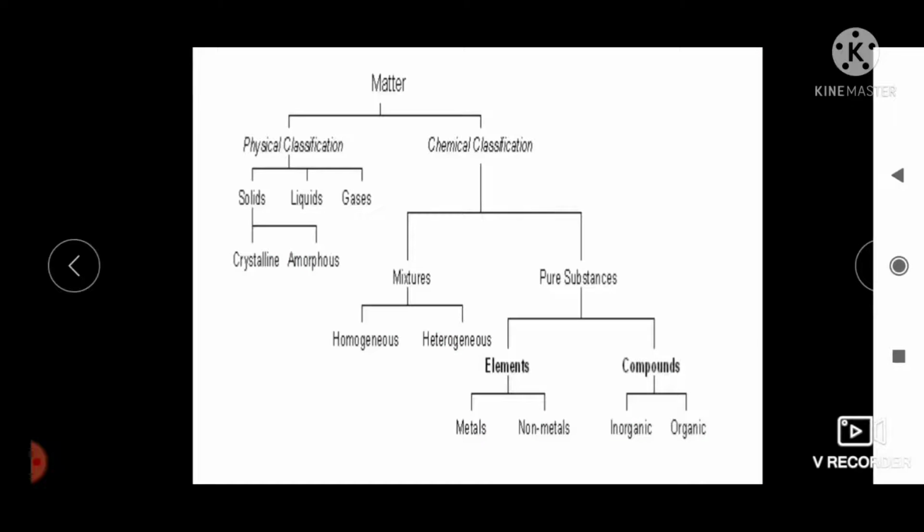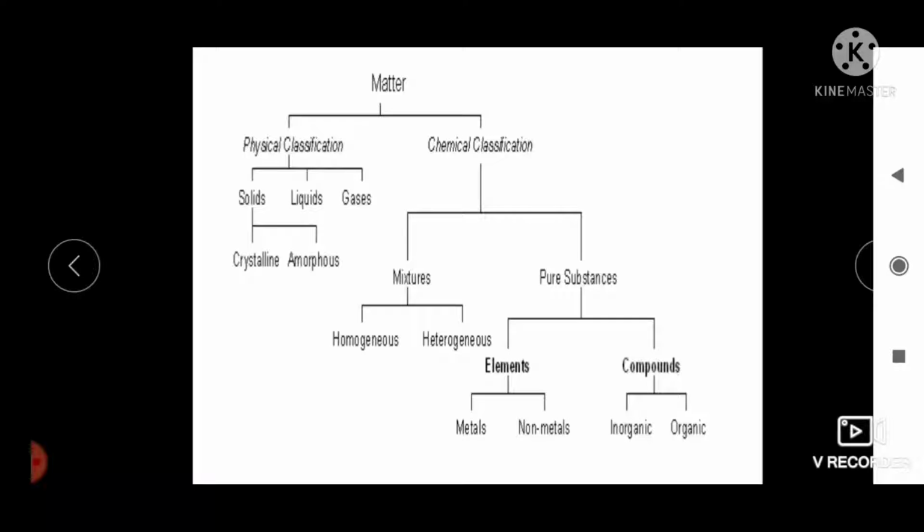In the previous class, we learned about matter. What is matter? Matter is anything which has mass and occupies space. It is classified on the basis of physical and chemical properties.